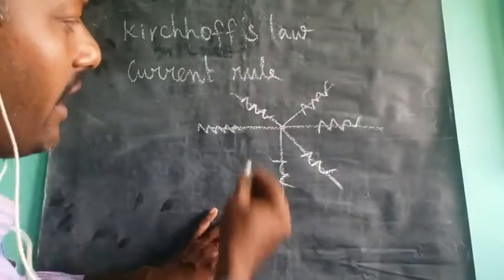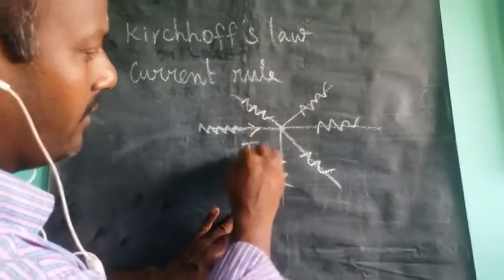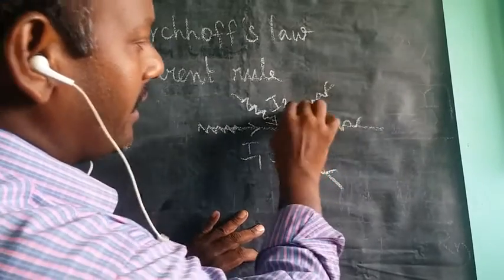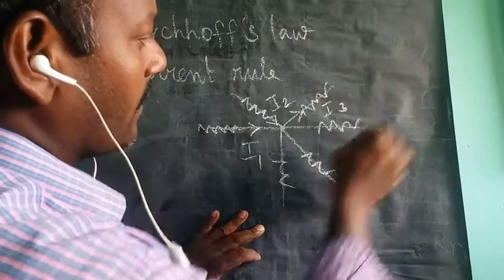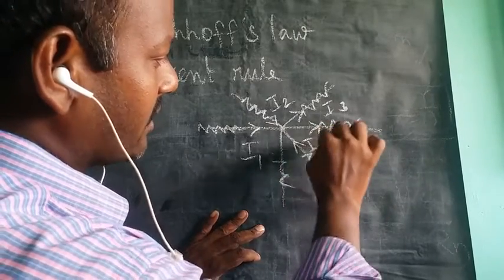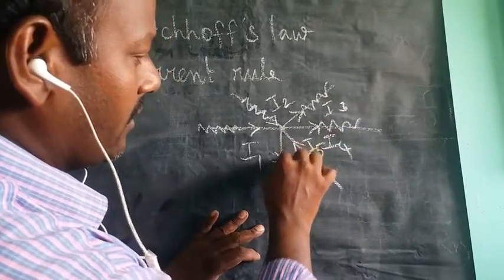For my convenience, I take this as I1, here I2, here I3, here I4, here I5, and here I6.